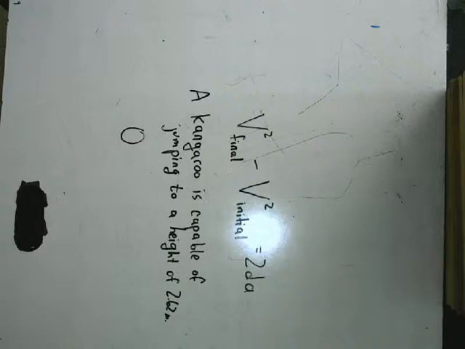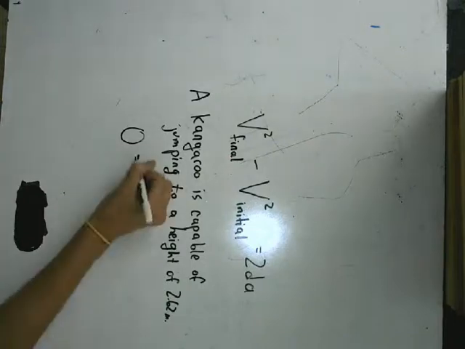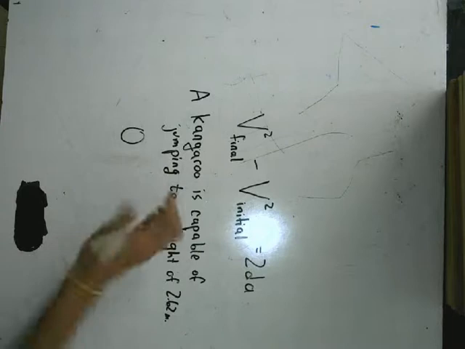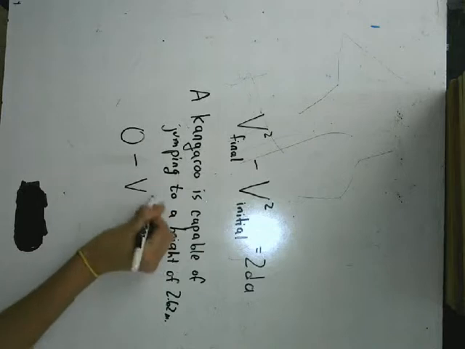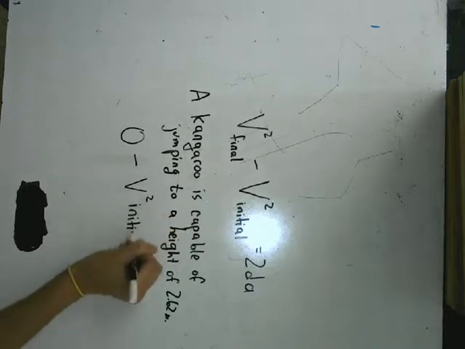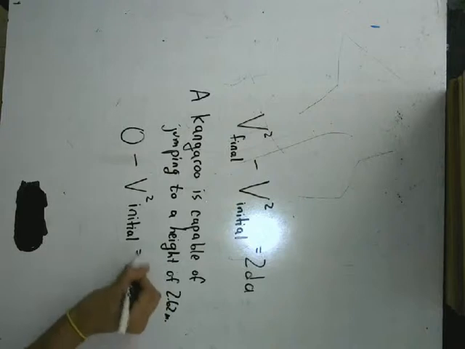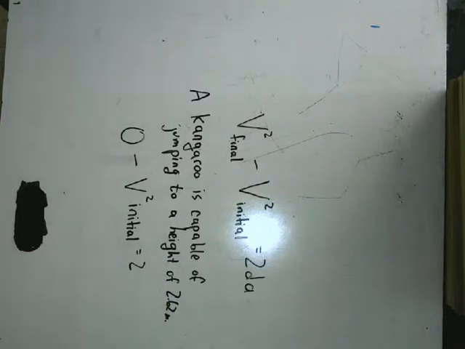And then minus the square of its initial velocity, which is what we're trying to find because it's the initial takeoff speed, is equal to 2 times the displacement, which is going to be 2.62 meters, because it climbed to a height of 2.62 meters, and then times the acceleration, which is minus 9.8 meters per second squared, because that's gravity.